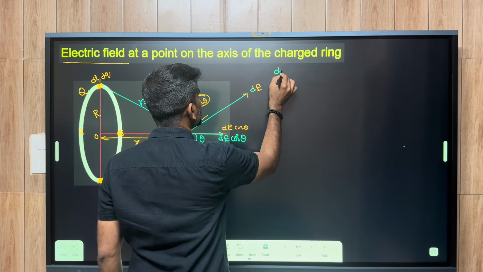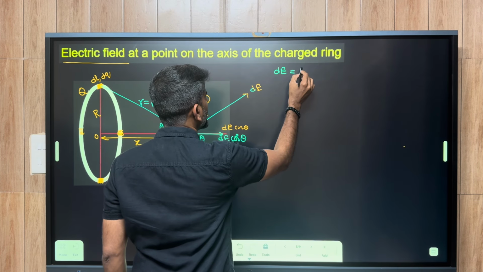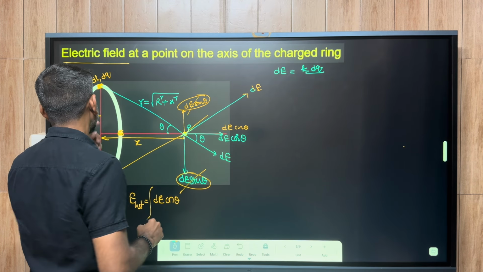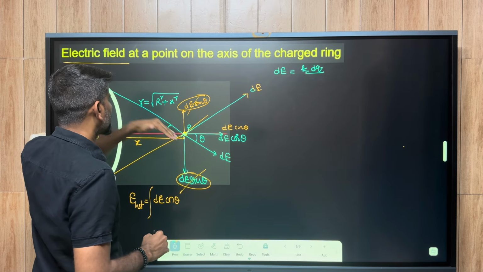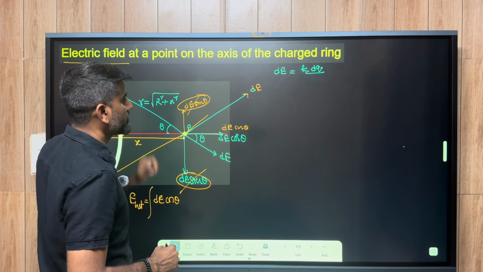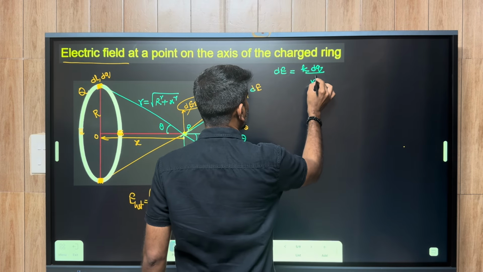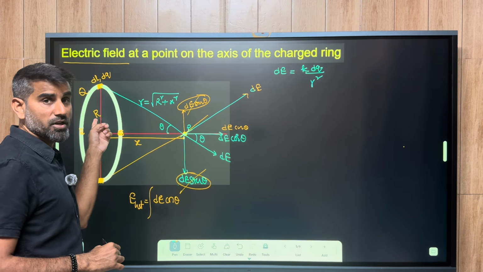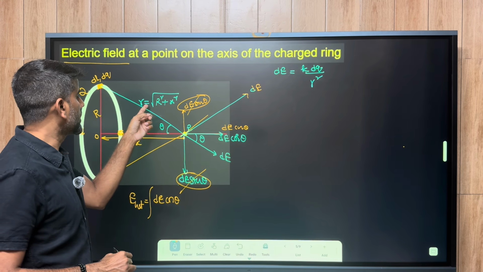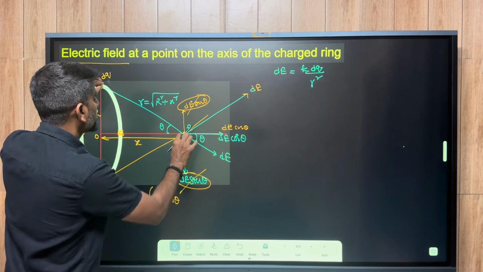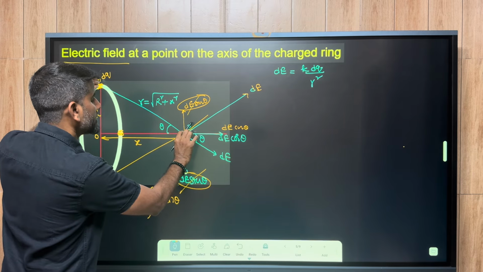The electric field dE is equal to k dq by, what is the distance? What is the distance between the point charge and this point? It is r square. It is wrong to use the capital R. It is correct to use the small r, because the point charge is here, a teeny tiny charge, and the point where I am finding the electric field is here.